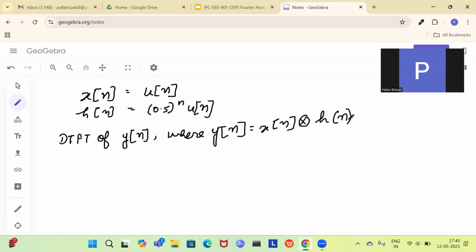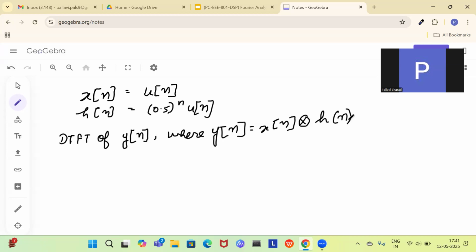So one method could be to take the convolution of x[n] and h[n] and then find the Fourier transform or DTFT of that. But with the property, it becomes easier. The property says that you don't need to find the convolution part.